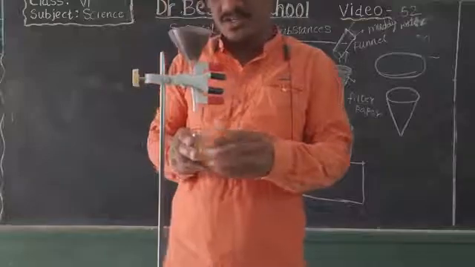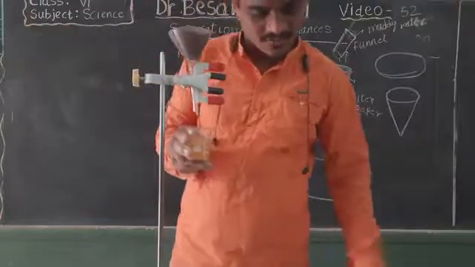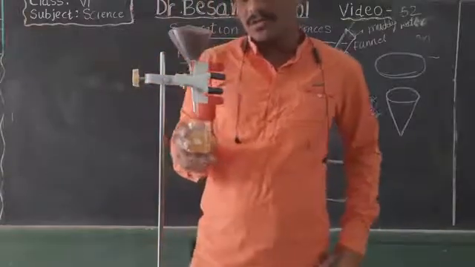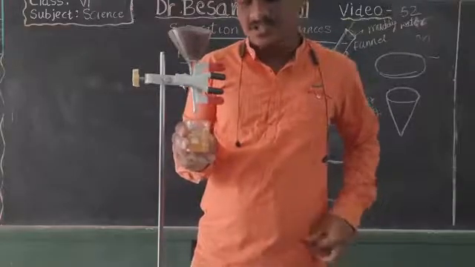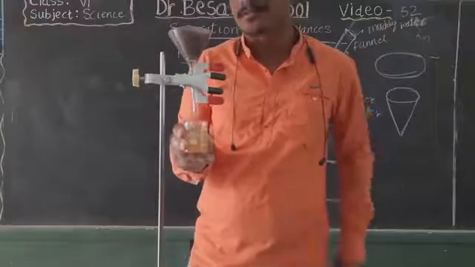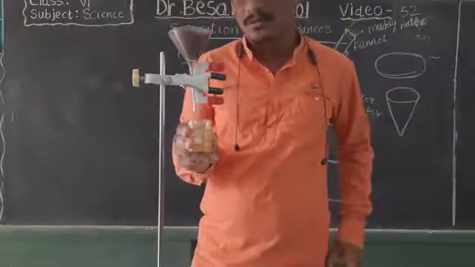Now slowly the filtration is going on. See, drop by drop water is falling down. Now you can observe. Slowly, if I do filtration a second time, still I will get clear water. Okay.